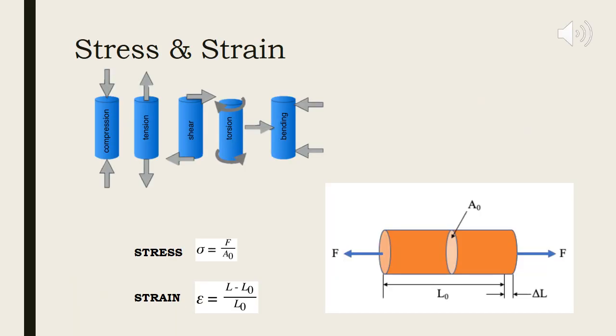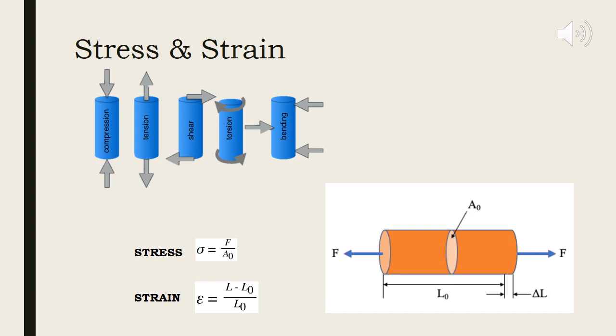Every component in a system experiences some form of loading due to applied forces. The reaction of every component to these loads is described by its mechanical properties. When components are subjected to tension or compression, the mechanical properties of stress and strain determine whether the component can withstand the load or not.